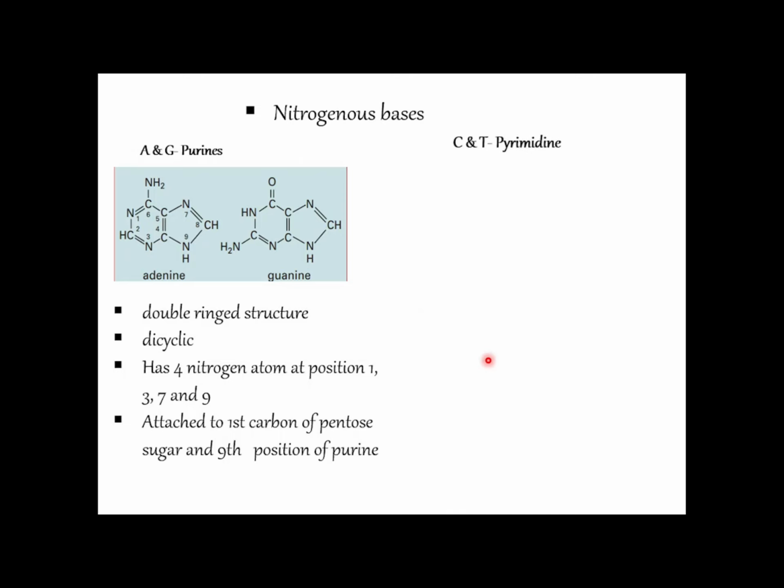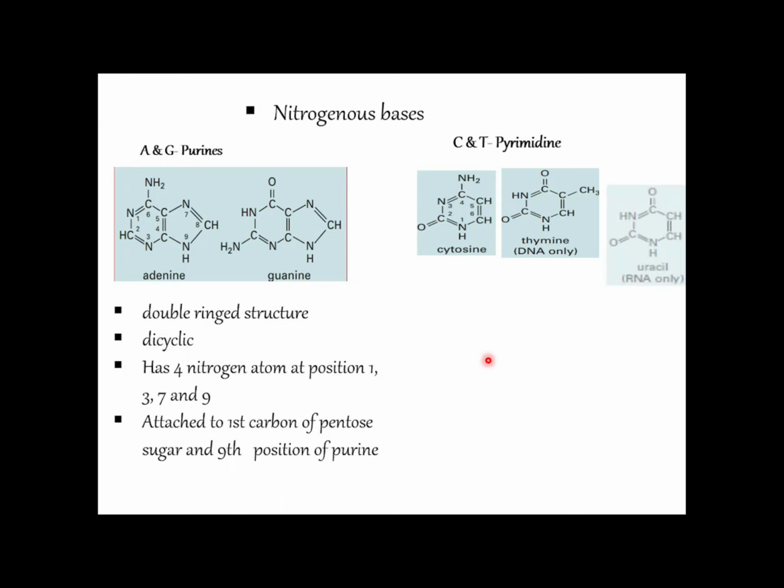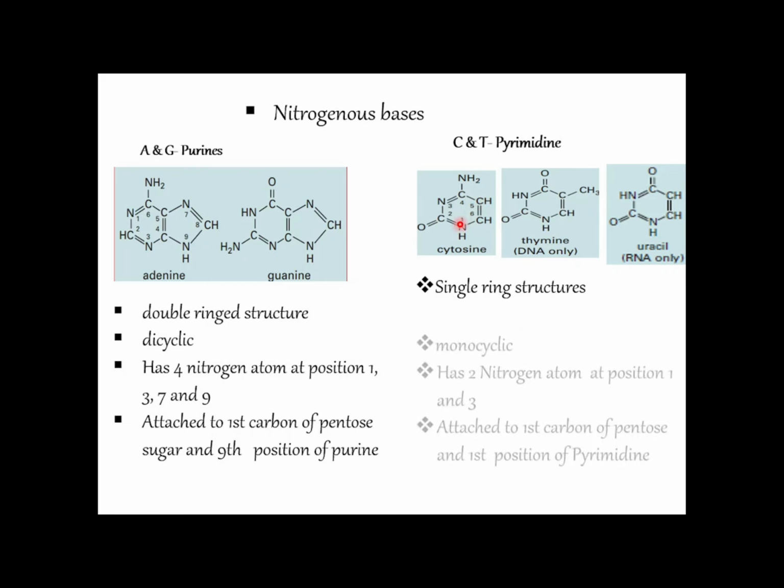The rest, cytosine, thymine, and uracil, are pyrimidines. Uracil is only found in RNA. They are not double ring. They are a single ring structure, monocyclic.